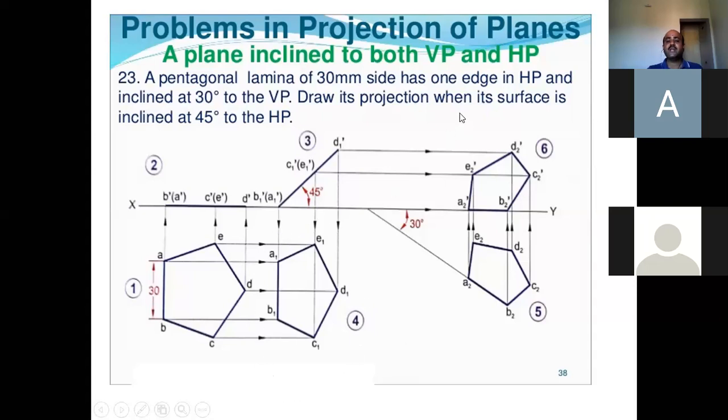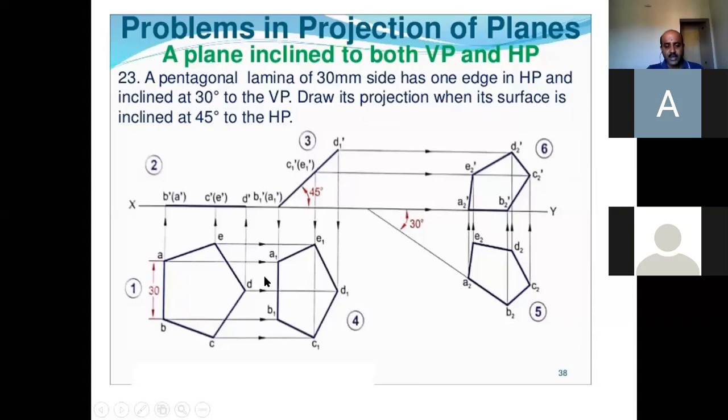Now the third condition is that the edge on which it is resting on HP is inclined at 30 degrees to VP. This is another important thing. The edge on HP is here A1, B1. So what we have to do here is copy this pentagon. Please remember, the position 4 that I have shown is the top view of the second position.